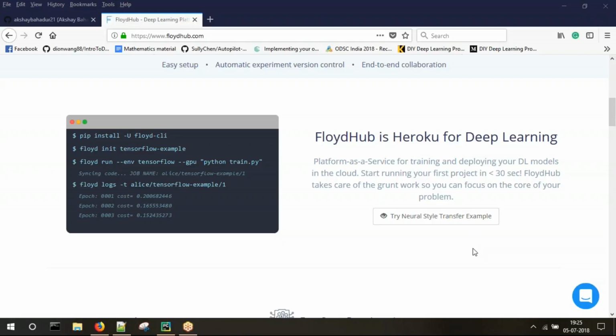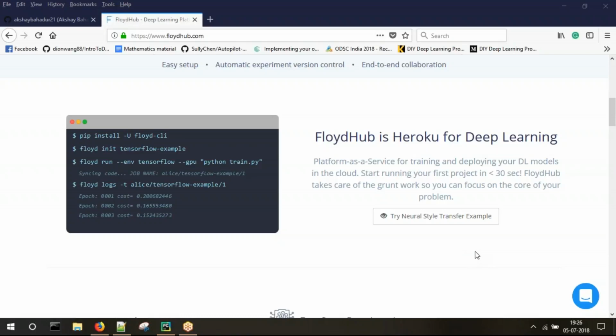I think the NVIDIA 1080 is the minimum one that supports CUDA. So you can go to the NVIDIA website and check all the GPUs that are supporting deep learning, let's say parallel processing, and get one of those, or you can even use cloud for that. FloydHub is easy, the setup is easy, and you can work with that as well.